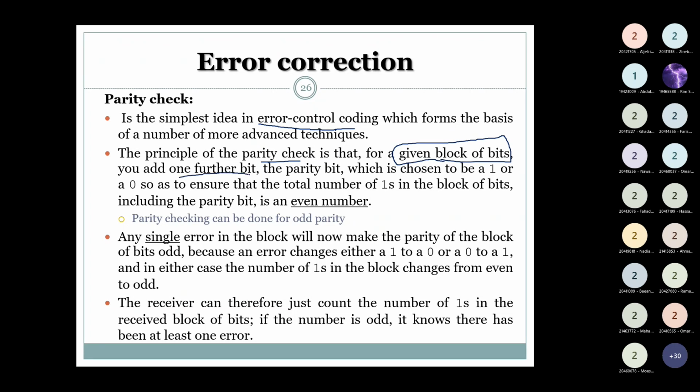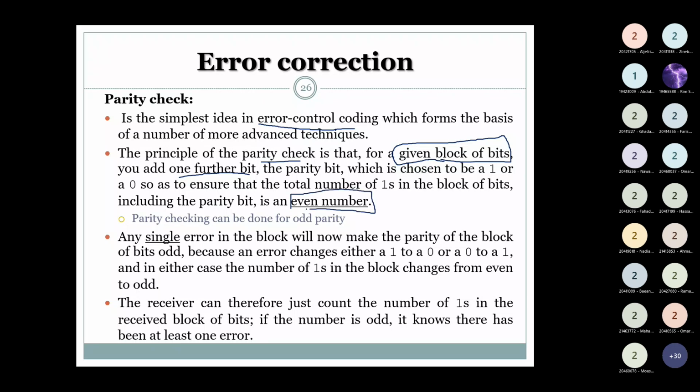It is called the parity bit, which is chosen to be 1 or 0 so as to ensure that the total number of ones in the block of bits, including the parity bit, is an even number.